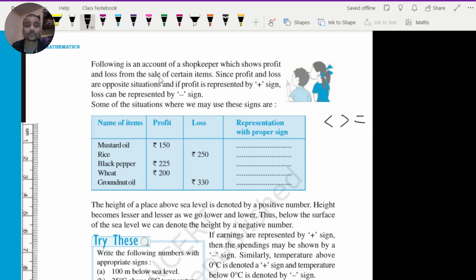Following the account of shopkeepers who show profit and loss from the sale of a certain item. It means that a boy is selling something to someone else. Since profit and loss are opposite situations, if there is profit there is no loss, it is completely the opposite.